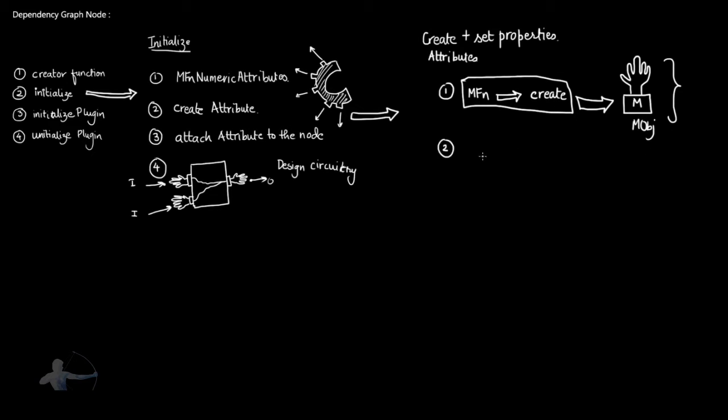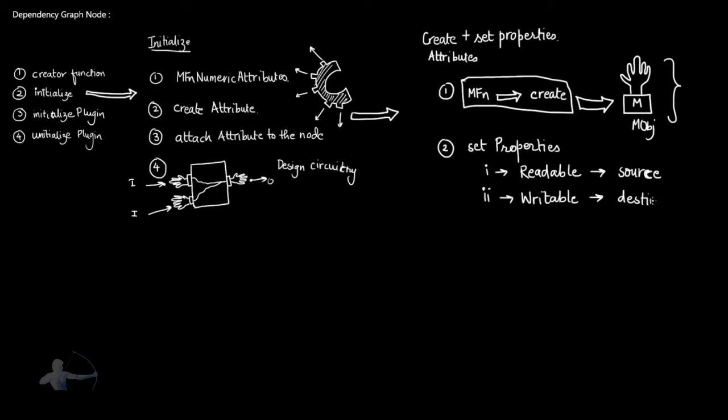Second thing is we would set the properties, and most basic properties are: is the attribute readable, and what is readable? Readable properties or readable attributes are those attributes that can be used as source in the dependency graph node. And then writable. Writable attributes are those attributes that can be used as destination in the dependency graph node.